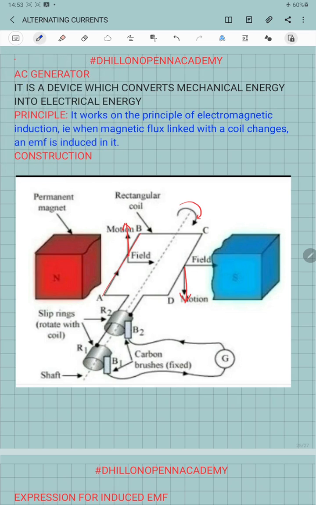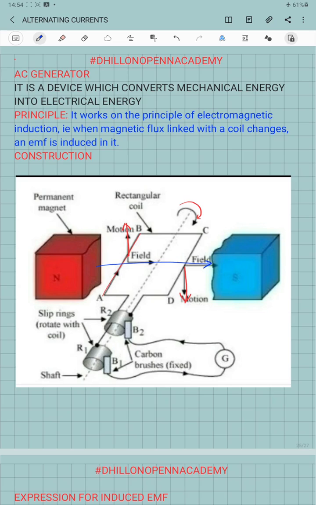The direction of the magnetic field lines is from north to south pole, as shown in the figure. Here in this case, the arm AB of the coil is moving in the upward direction, while the magnetic field of the magnets is perpendicular to the direction of motion of the armature arm AB.